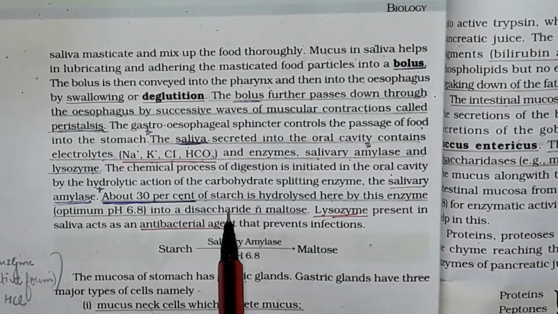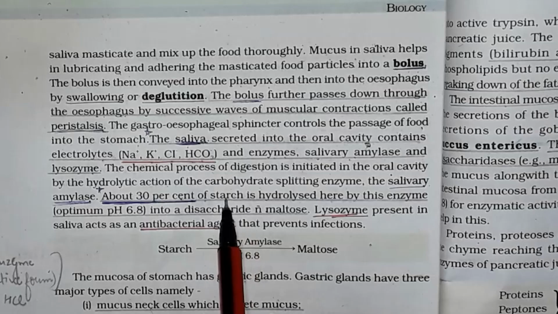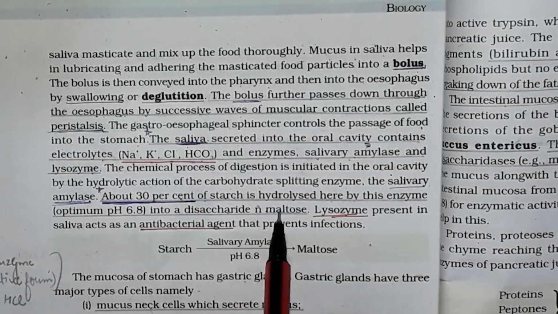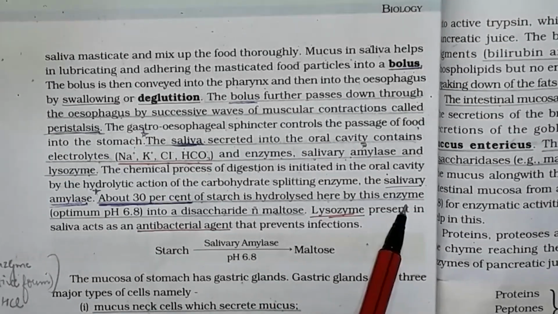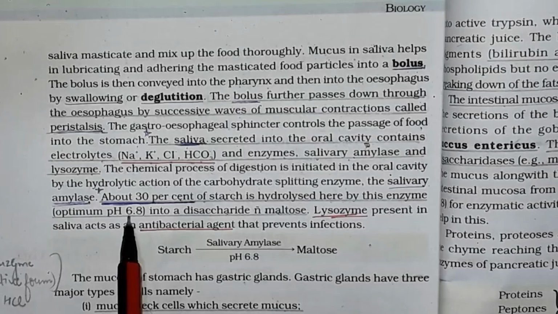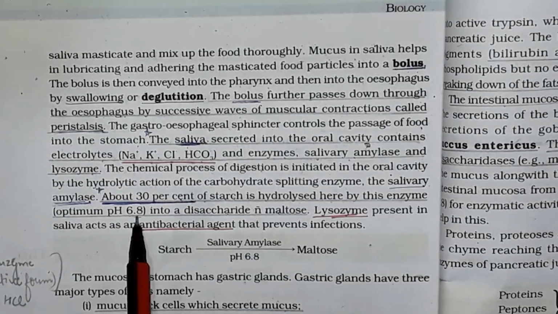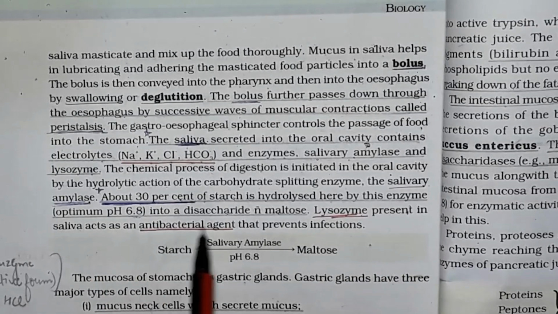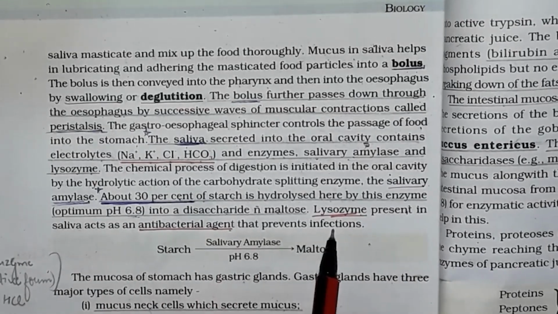The starch is hydrolyzed here and converted into disaccharides, or the maltose. The pH at which this enzyme works appropriately is 6.8. This also you have to remember. The lysozyme present in the saliva acts as an antibacterial agent that prevents infections.